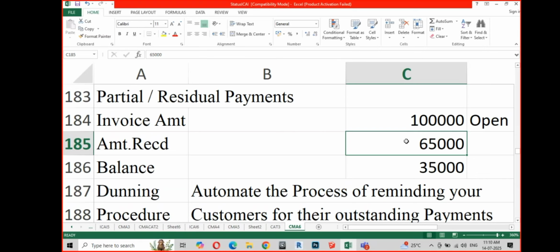Now, how does the system behave when you take care of this transaction either through the partial payment methodology or the partial payment option? And how does the system behave if the user who's recording this receipt is using the residual payment methodology or residual payment option?